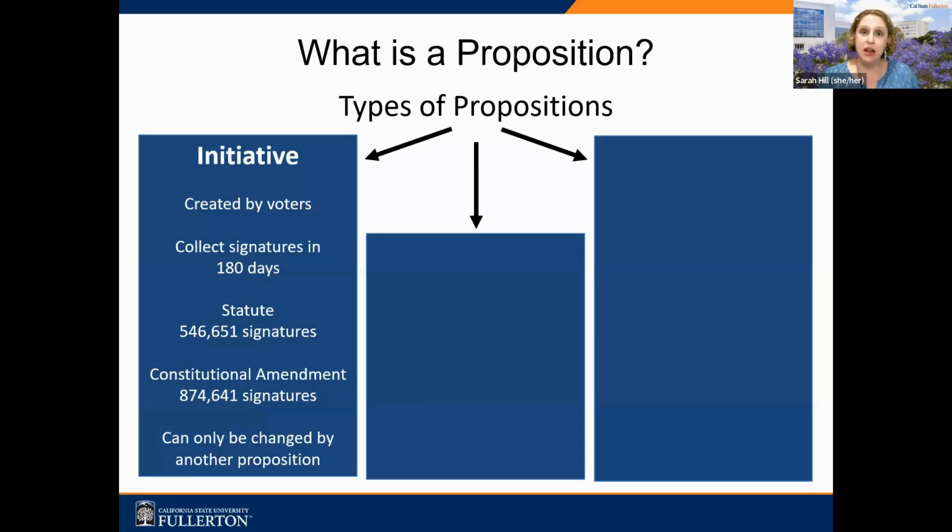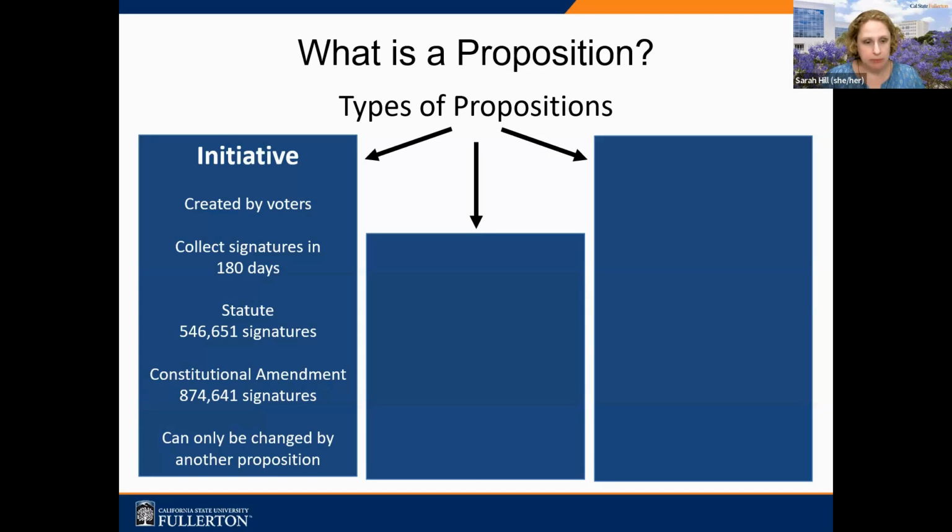And if they can do that, then it's put on the next general election ballot. So we have several of those this time. And this is important to understand, once we vote for that, it can only be changed by another proposition. The legislature can't come back and change it on their own. It has to go back to the people again for a vote if we ever want to change it.